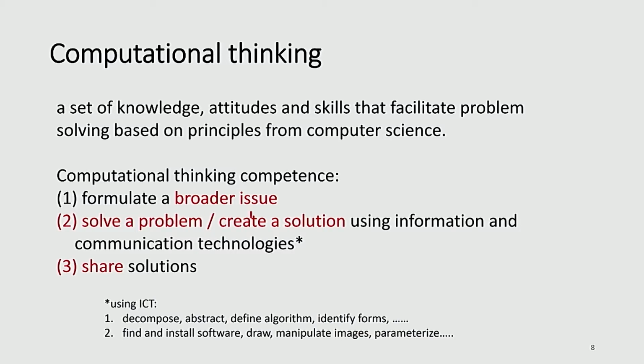Then you solve it. You create a solution using ICT. And there you really have two aspects. One is applying computer science principles like decomposing, abstracting, defining, and so forth. That's the kind of thing that is taught in programming. But this is also very important. You have to be able to find installed software, draw, manipulate images, parameterize, typically things that computer scientists cannot do. And normal people can't do that either, unfortunately.